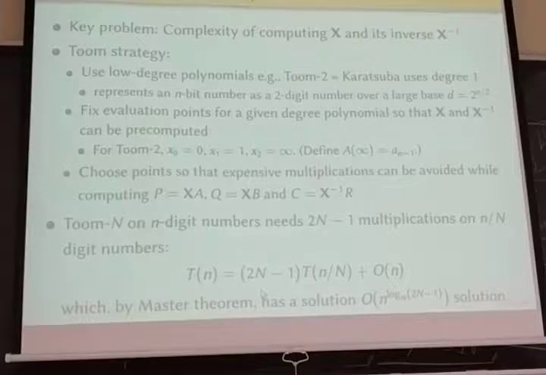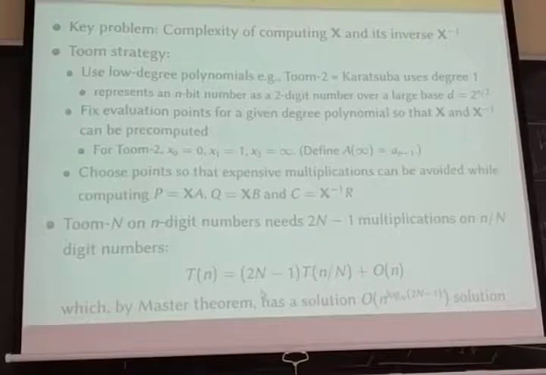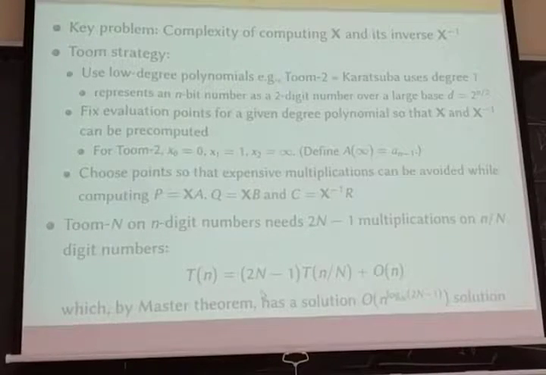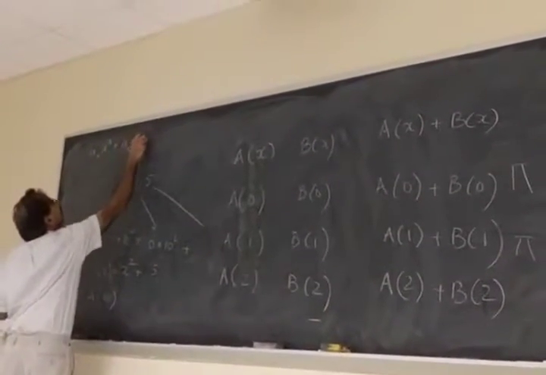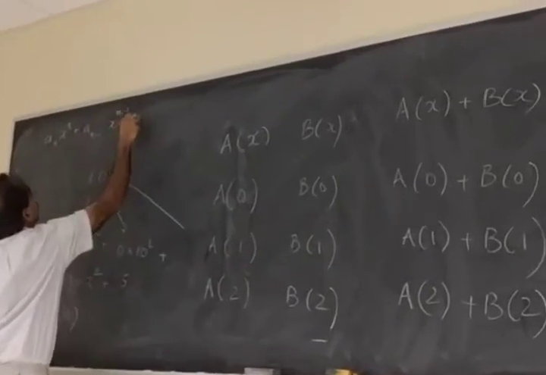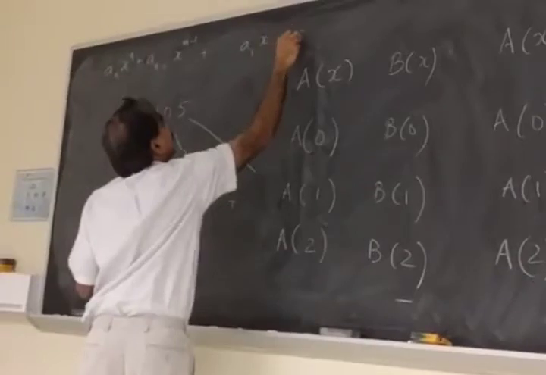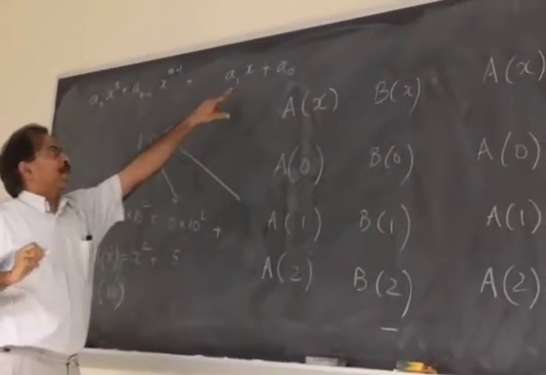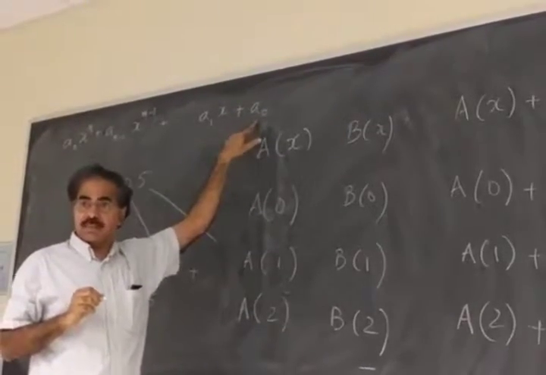Any polynomial evaluated at 0 will just give you a0, because if you substitute x equal to 0, all the other terms become 0.